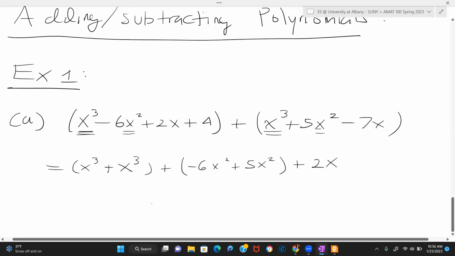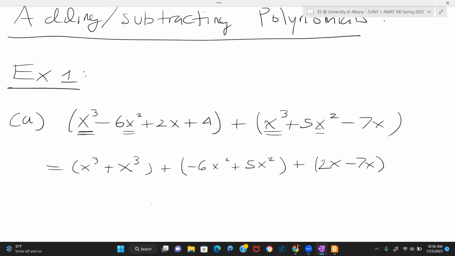So this 2x is alone. Oh, I'm sorry, I'm wrong. There's a 2x and then there's a negative 7x. So now we'll put those in parentheses like so. And then we have a 4, but this is the constant term, and there's no constant term in the other polynomial. So this is the term that is alone.